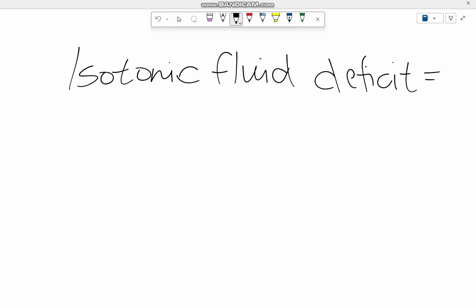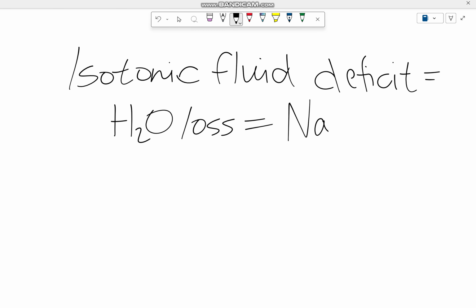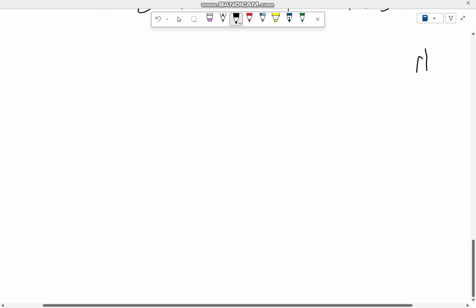And what that means is that the amount of water that's lost is proportionate to the amount of sodium that's lost. So from normal things like sweating, vomiting, the loss of blood or plasma, using loop diuretics, fever, just general dehydration, that's normally going to be an isotonic fluid deficit. So we're dehydrated, we're losing fluid, but we're not going to encounter those electrolyte imbalances.